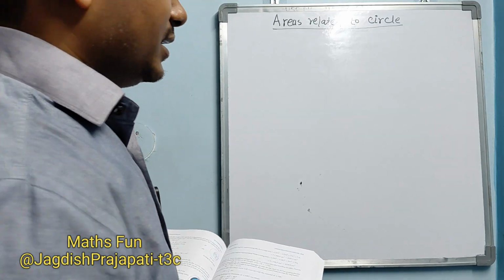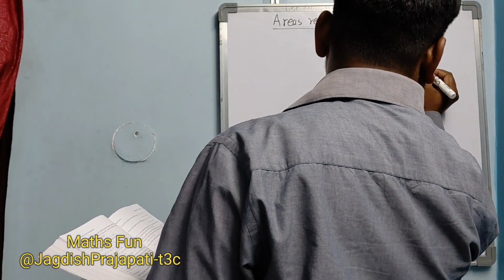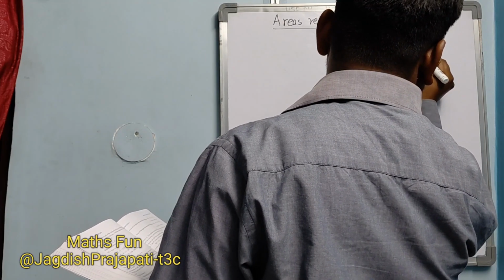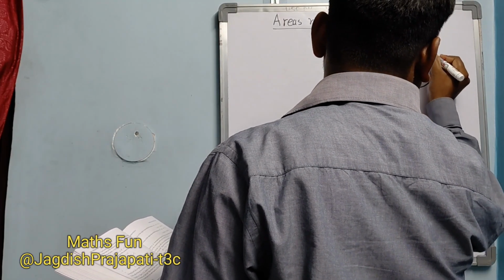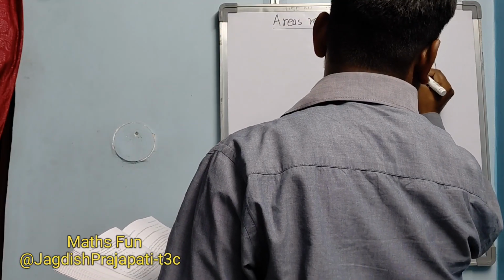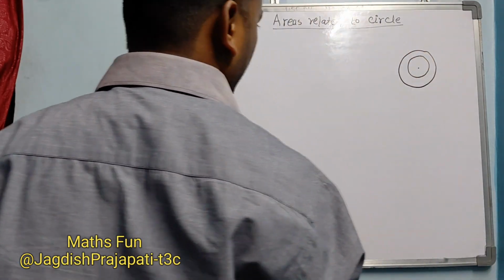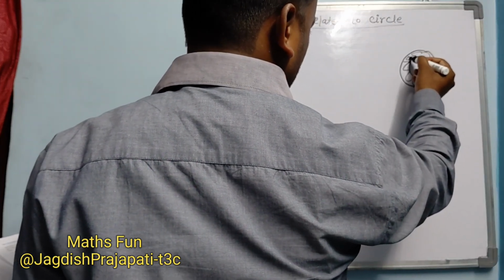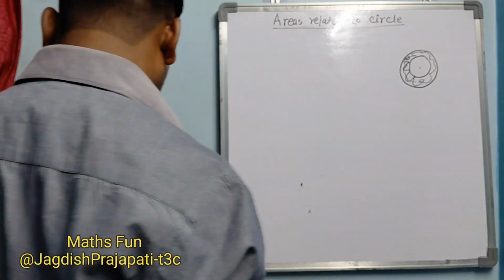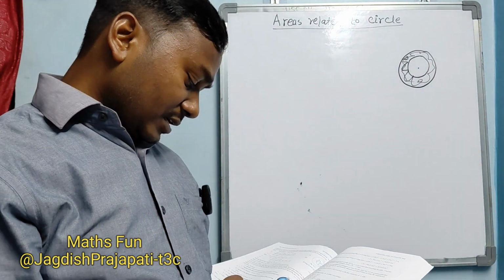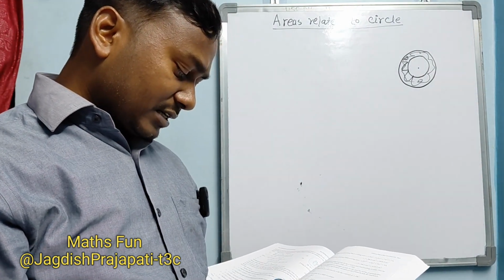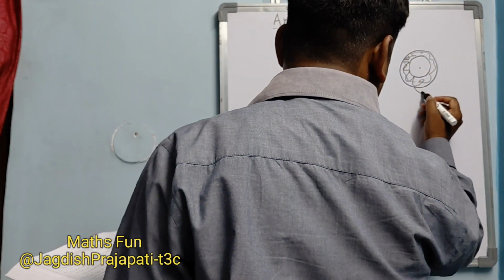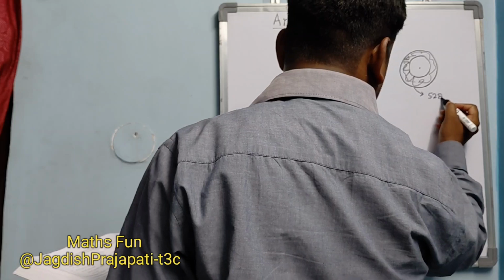There is a circular track. Let's say this is the circular track. The outer circumference of the circular track is 528 meter.